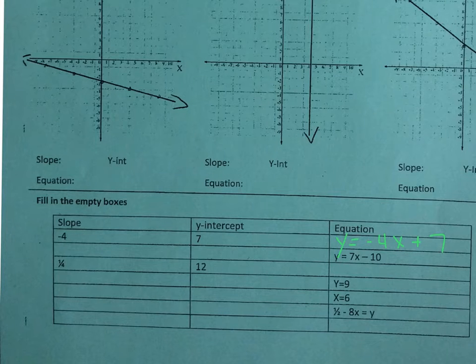So in this one here where we have y equals 9, so I'll do this one right there. Our y-intercept is going to be 9, and then our slope is going to be 0. So it's going to be a graph that's similar to this one where our y-intercept is 9, and that's going to be a 0 slope graph. So you'll have a couple of those as well.